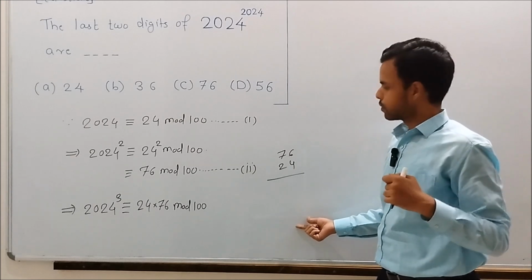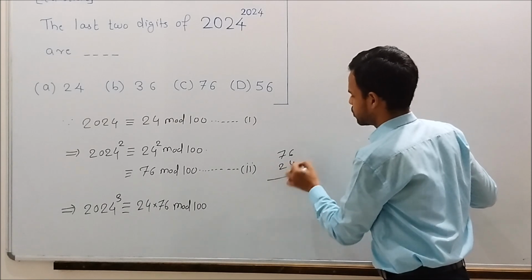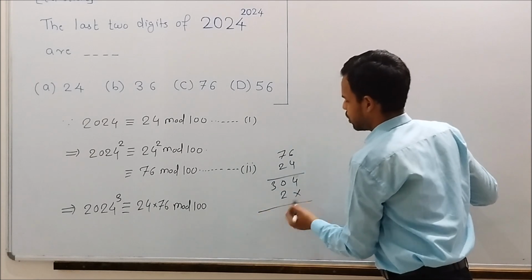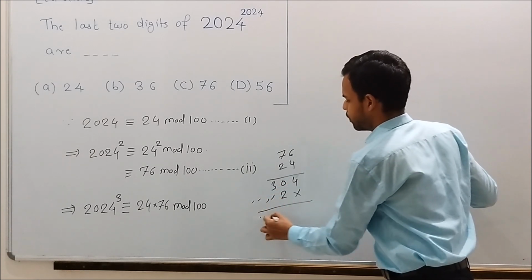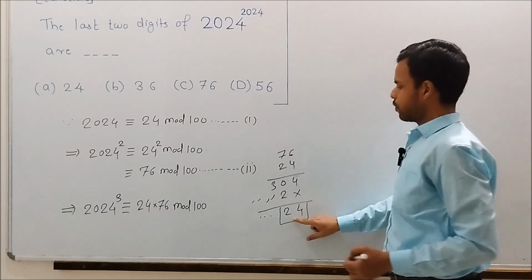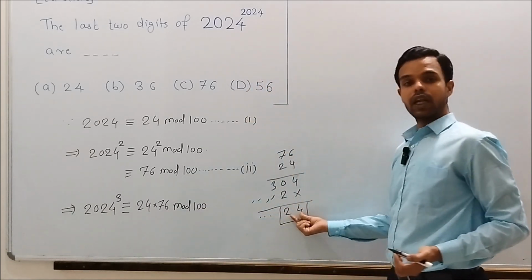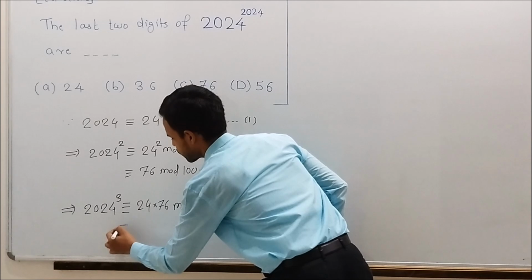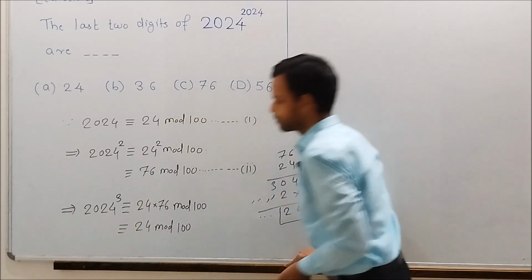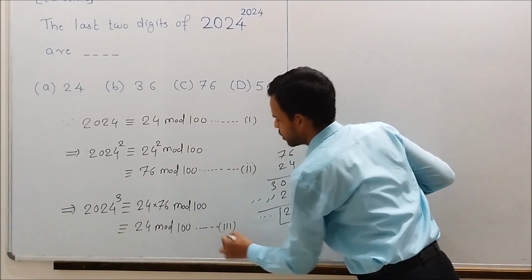So let us compute it. The last two digits are 24, so this product modulo 100 is nothing but 24 mod 100. Call this equation 3.